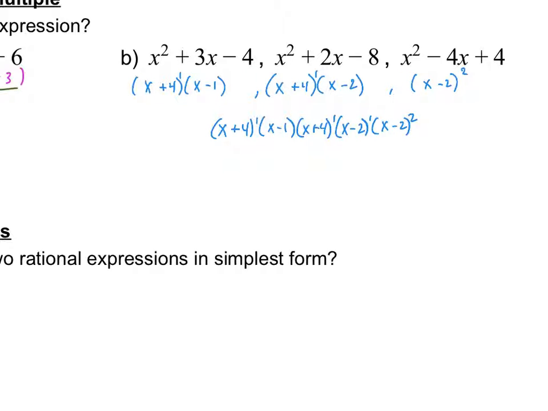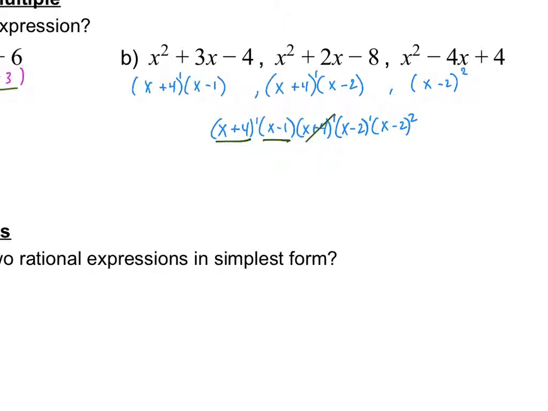And the repeated things, what do we have repeated here? Well, I already have x plus 4 once, so I can cross off the repeated one. I have x minus 1, and I don't have any other, so I don't cross anything off.